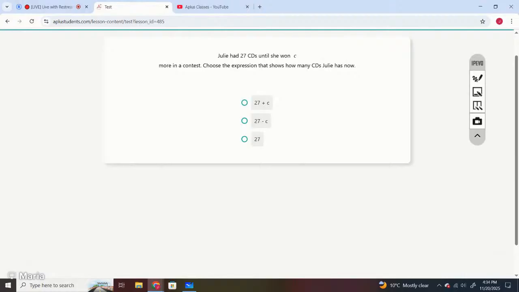Julie had 27 CDs until she won C more in a contest. Choose the expression that shows how many CDs Julie has now. So which is the correct option?